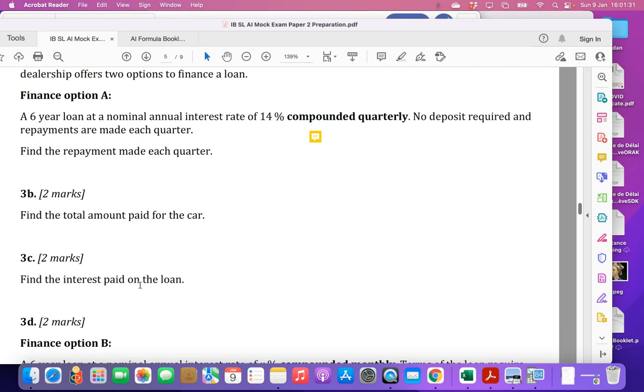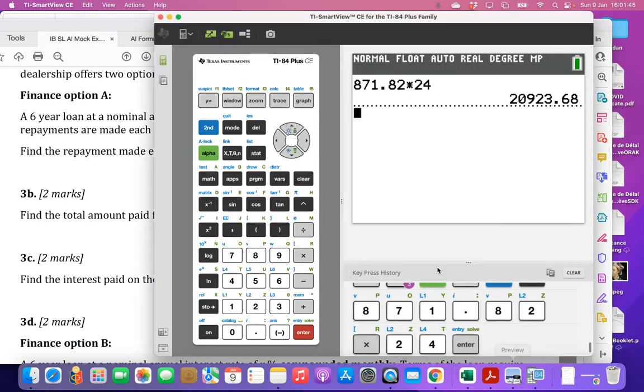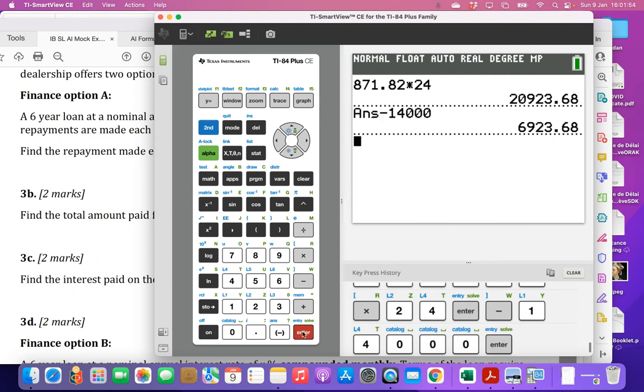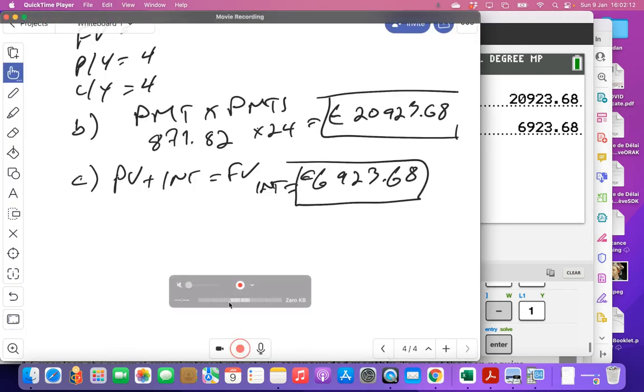So we just have to subtract 14,000 from that amount, and we should have the interest. €6,923.68 is the interest paid. Okay, D.